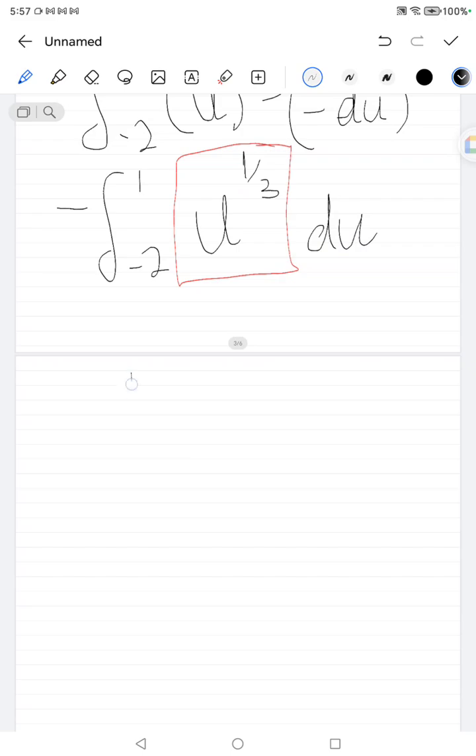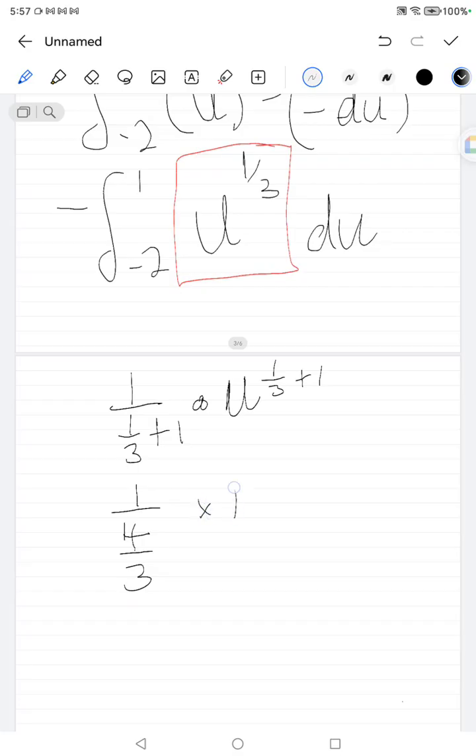You're going to have your 1 over 3 plus 1 multiplied by your u to the exponent 1 over 3 plus 1. This is the same as having 1 over 4 over 3 multiplied by your u to the exponent 4 over 3.